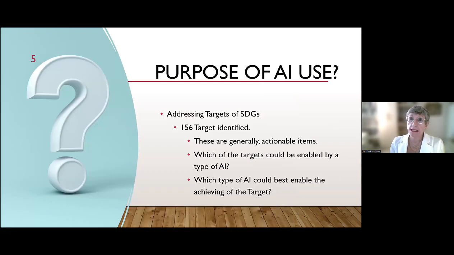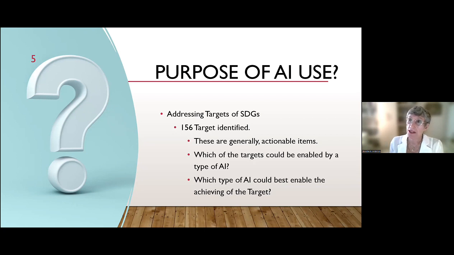Now, looking at slide 5, when we're talking about the purpose of AI, in this particular presentation, I'm talking about the SDGs, of course. But all of the SDGs are very general in nature and really can't be used as a specific objective saying, this is exactly what I'm going to do. I think the 156 targets associated with the 17 SDGs are much more actionable items.